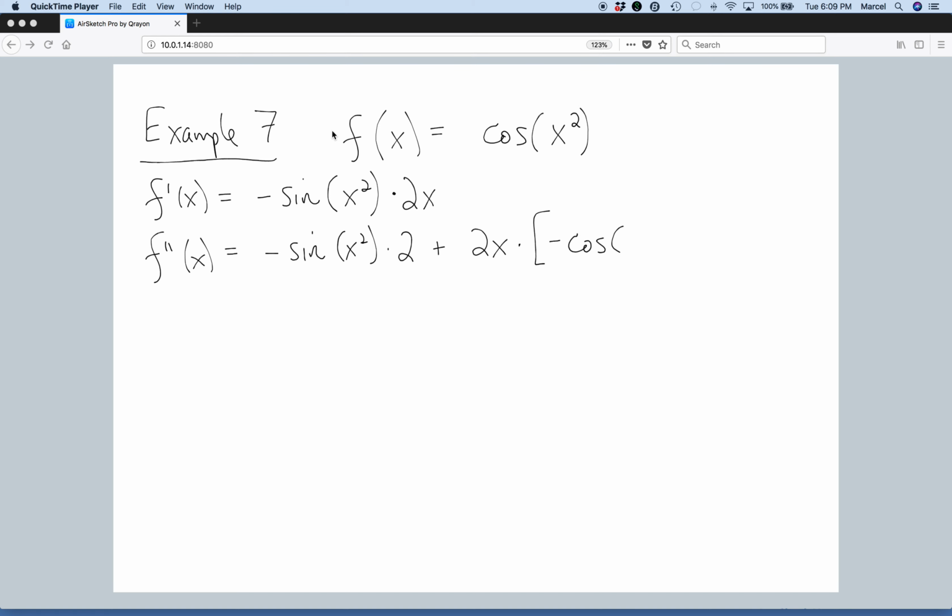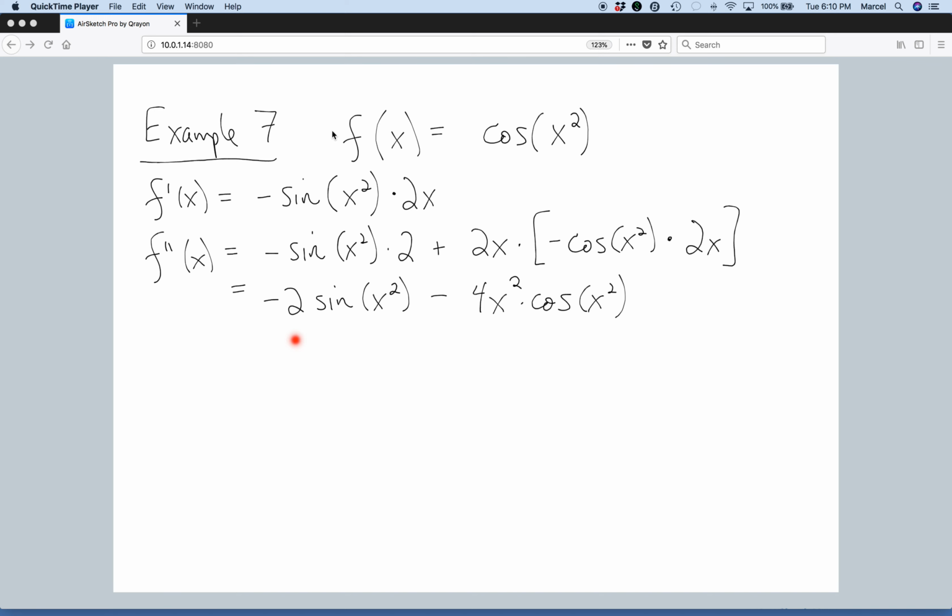So minus cosine of x squared times the derivative of that inner function, which will be 2x. Cleaning things up, we get minus 2 sine of x squared minus, we have 2x times 2x, so minus 4x squared times cosine of x squared.